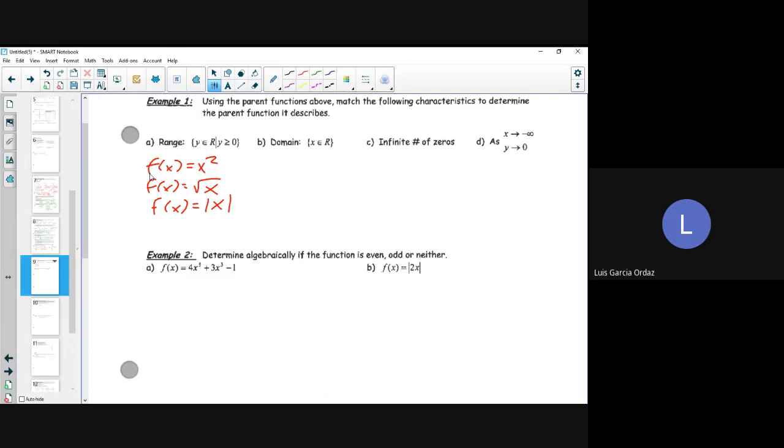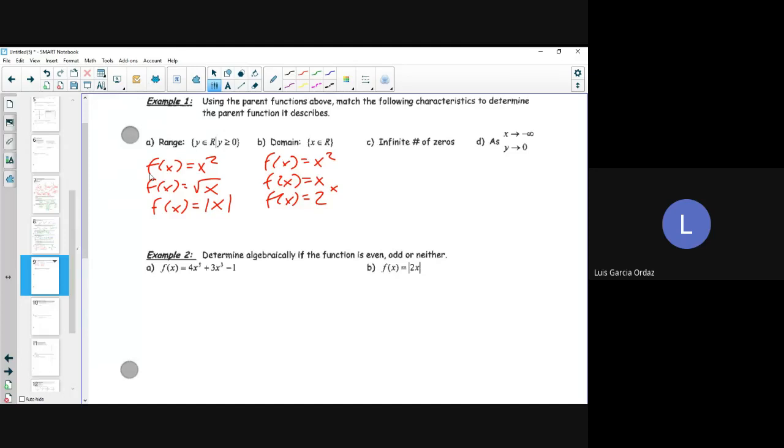Now we want to find the parent functions with a domain of all real x. Linear, f of x equals x. What else? Exponential. Anything else?